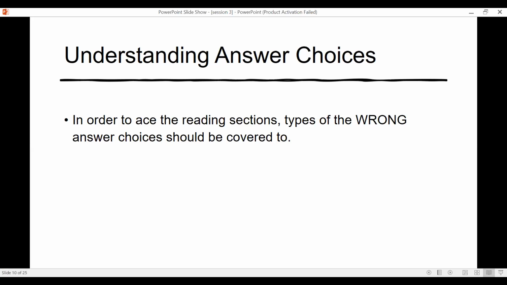By using the process of elimination, you can be left with the answer choice that is most likely to be the right one, simply because you couldn't categorize it among those incorrect types.